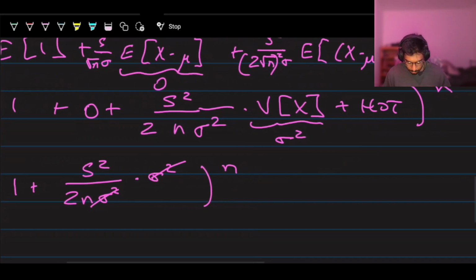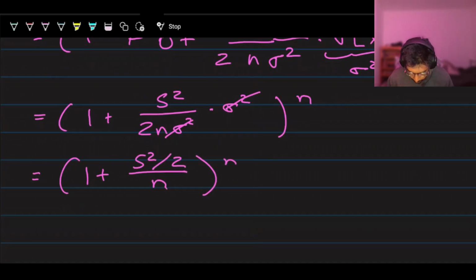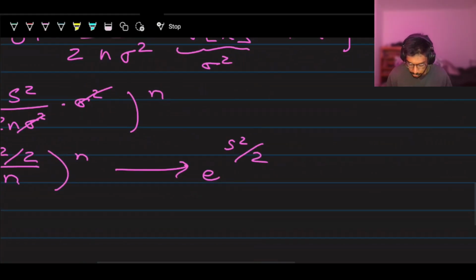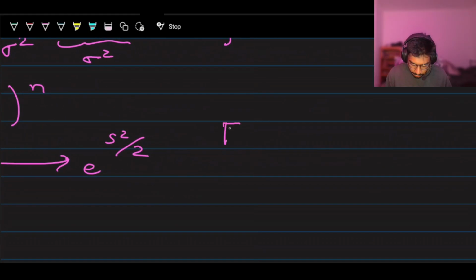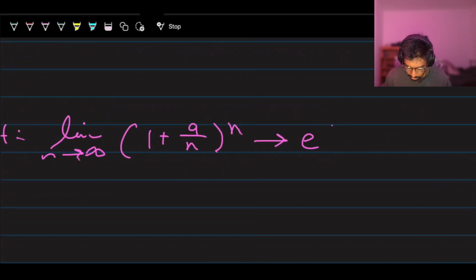With some more simplification, that's 1 plus s squared over 2 over n, to the nth power. And we know this converges to e to the s squared over 2, because it is a fact that the limit as n approaches infinity of 1 plus a over n, to the n, converges to e to the a.